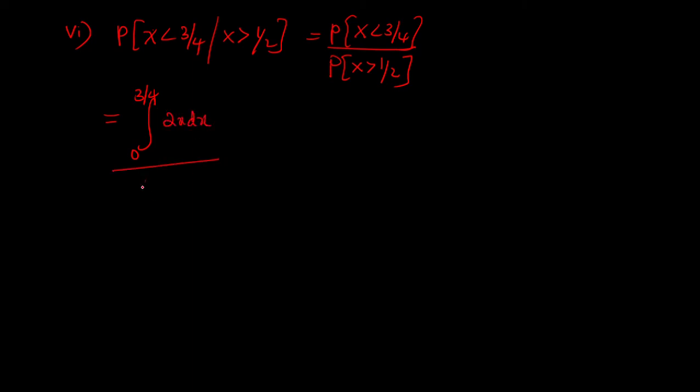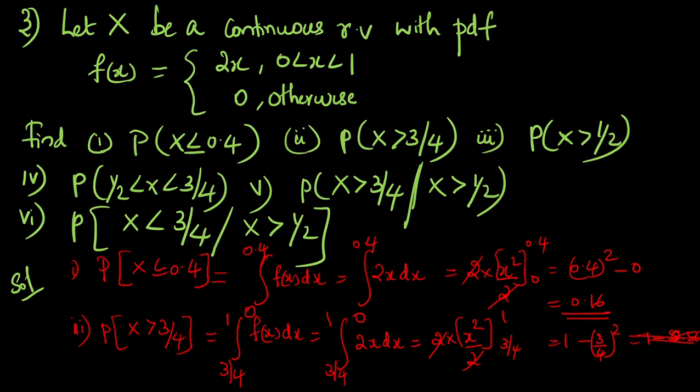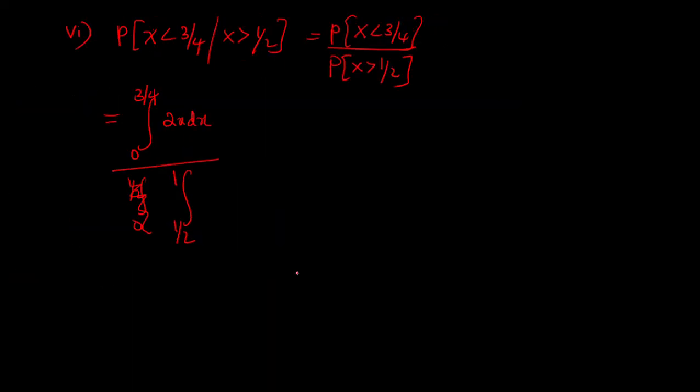Divided by the integral for x greater than 1 by 2. Therefore, the limits will be from 1 by 2 to 1. Since x is between 0 and 1, integral 1 by 2 to 1, 2x dx. Taking the integral and putting the limits, 2 into x square by 2 with the limits 0 to 3 by 4.